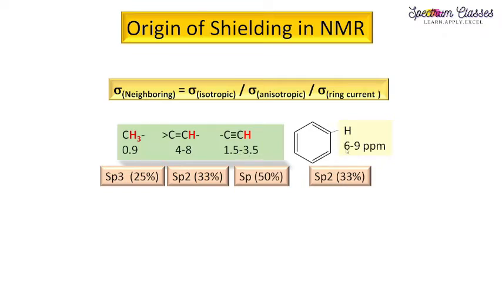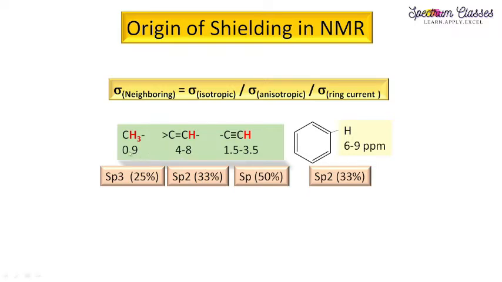And for aromatic ring, it is 6 to 9 ppm. These are the chemical shift values. So when no electron withdrawing group is present, we can explain this in terms of the contribution of s orbital. The more the s character, the more the acidic nature. Acidic nature means the electron withdrawing effect will be more.